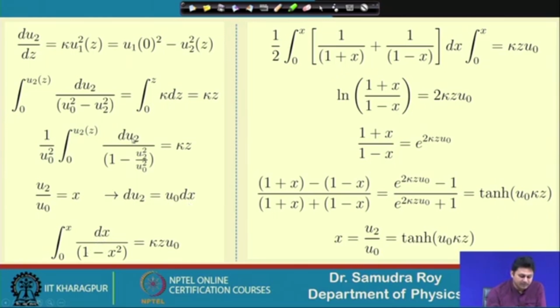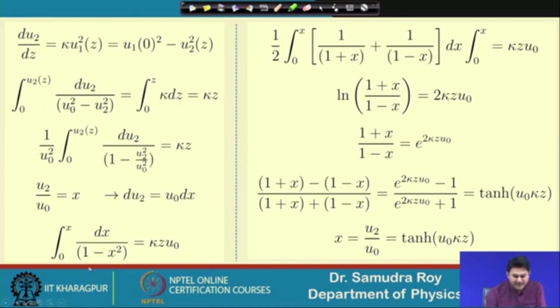We replace this term here as dx. Then 1 by u0 will be here, and this 1 by u0 divided by 1 by u0 square will give you 1 divided by u0. If I take 1 by u0 to the right hand side, it will multiply with kappa z, giving kappa z u0. Once it is multiplied, the left hand side simply becomes dx divided by 1 minus x square.